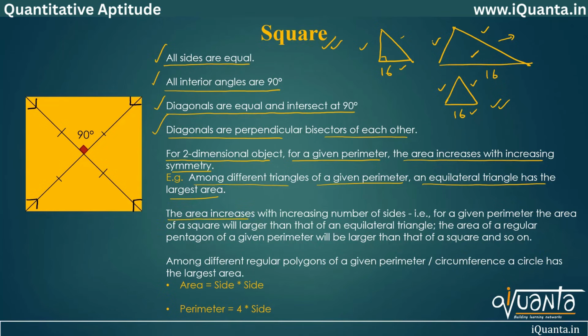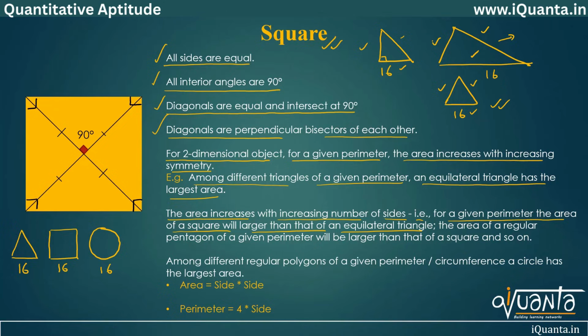After that, the area increases with increasing number of sides. That means for a given perimeter, the area of a square will be larger than that of an equilateral triangle. So this basically means that, for example, if we have two symmetrical figures, an equilateral triangle and a square, and let us also assume that we have a circle, all of them have perimeter 16.